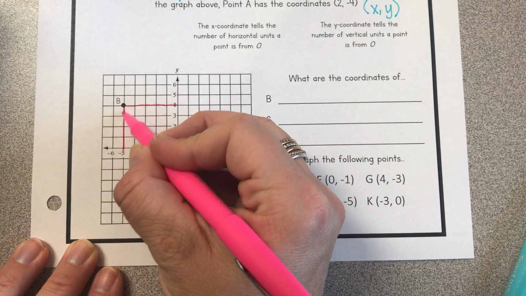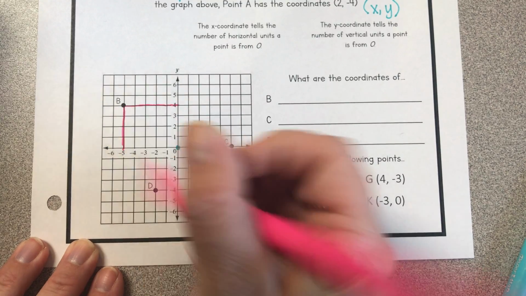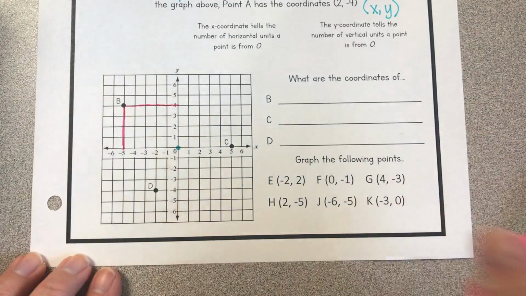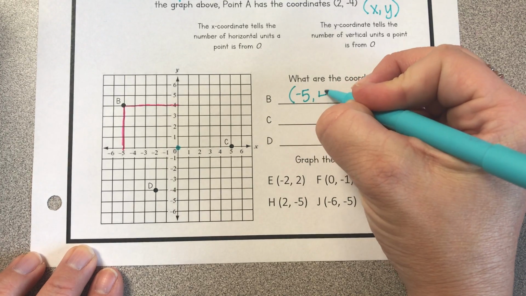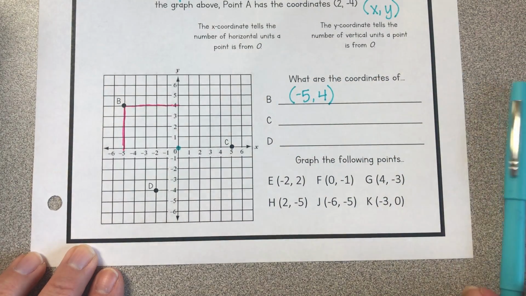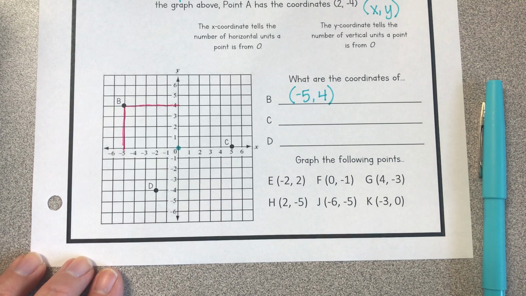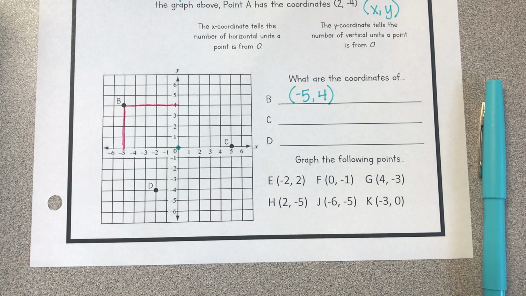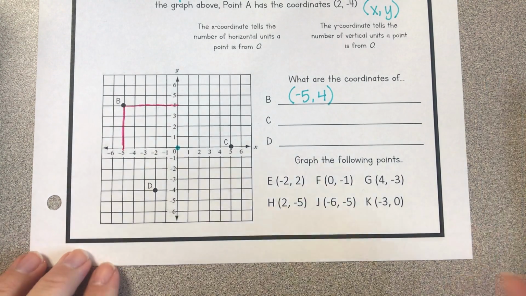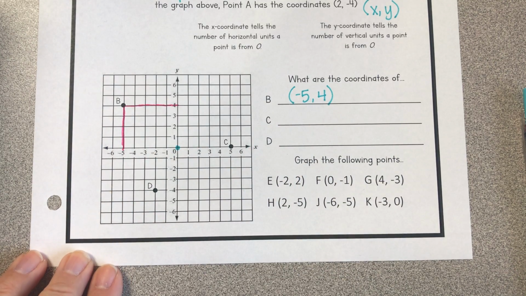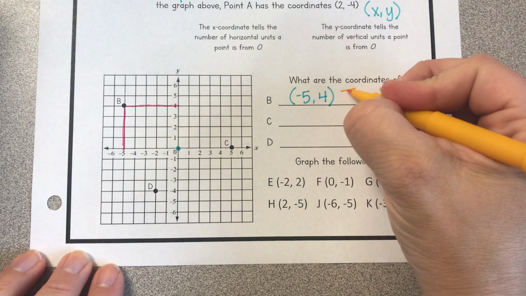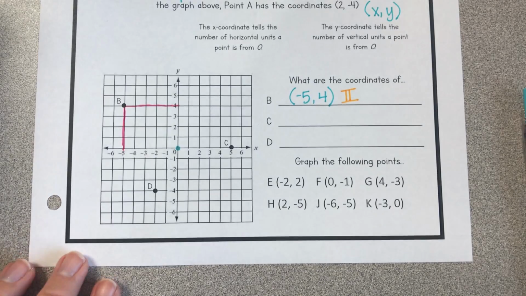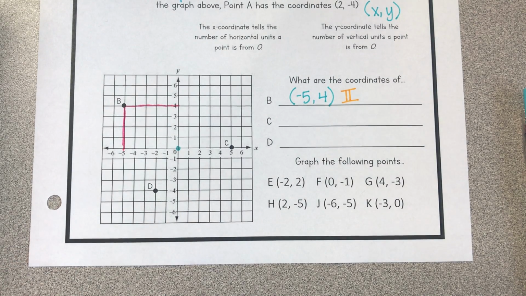It's where the -5 line and the +4 line meet. That's where point B is. So the coordinates are -5, +4. I know it doesn't ask you to, but we're going to be overachievers and talk about what quadrant that point is in. Look up top. Quadrant 2. Yes, if you said quadrant 2, you are correct.